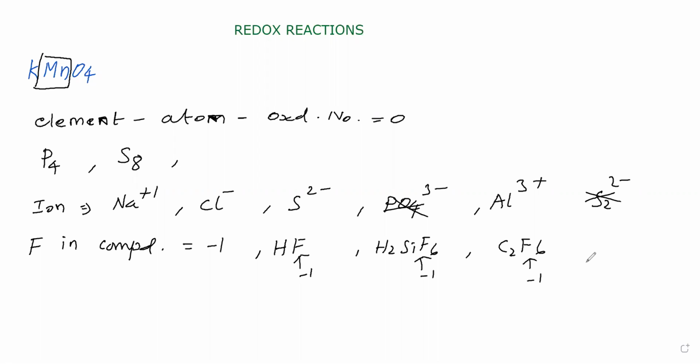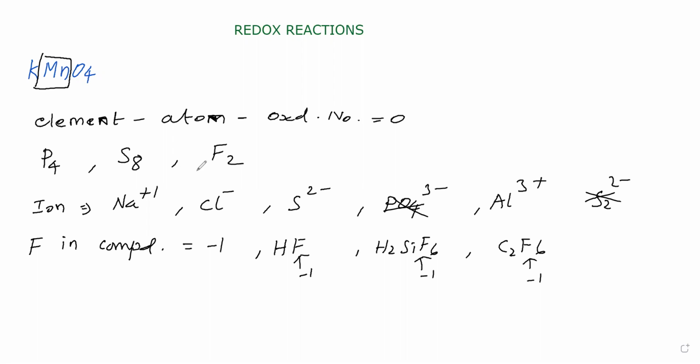In the elemental form, F2, which is a molecule or element, the fluorine oxidation number is 0.